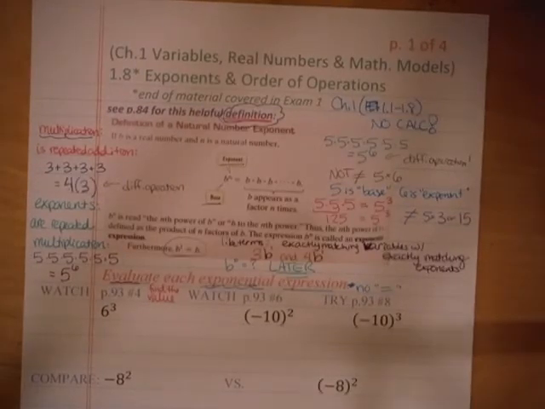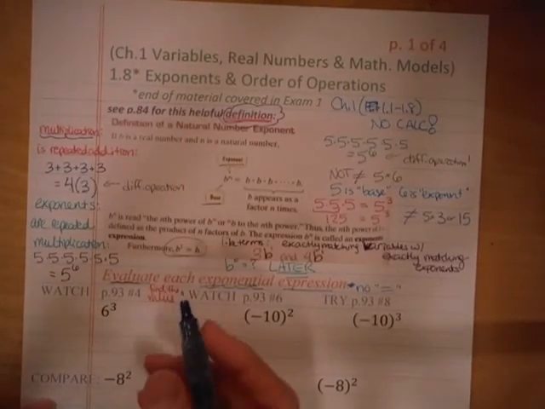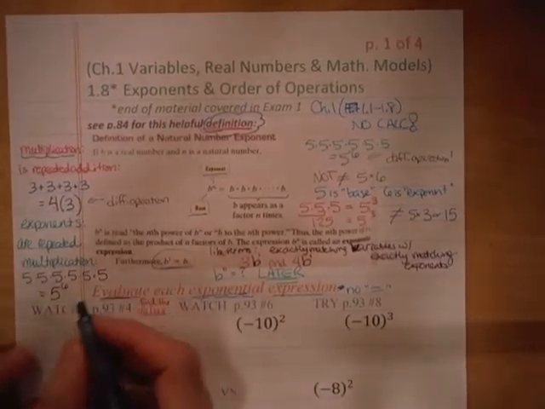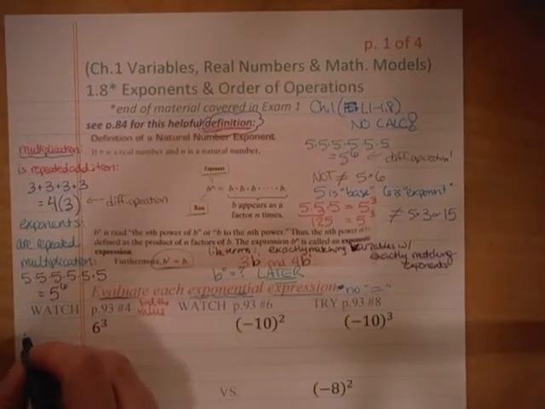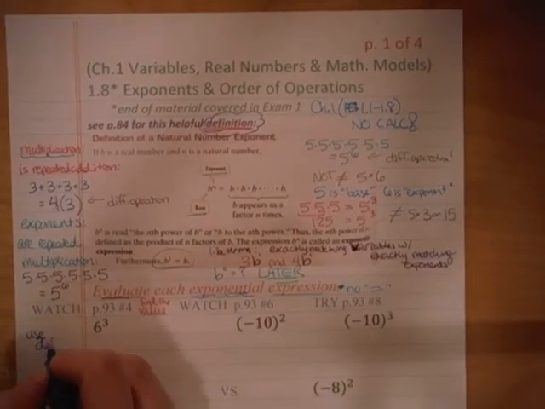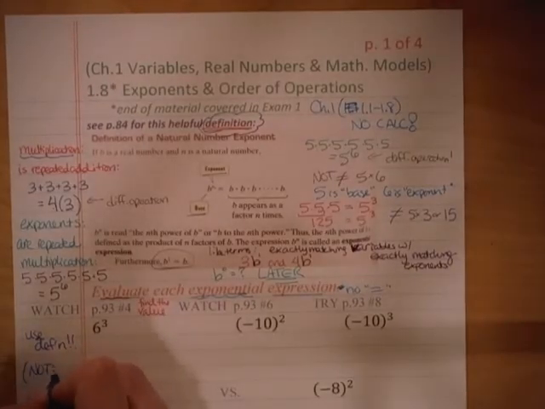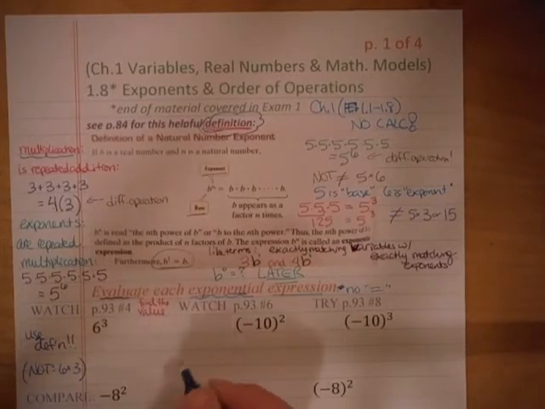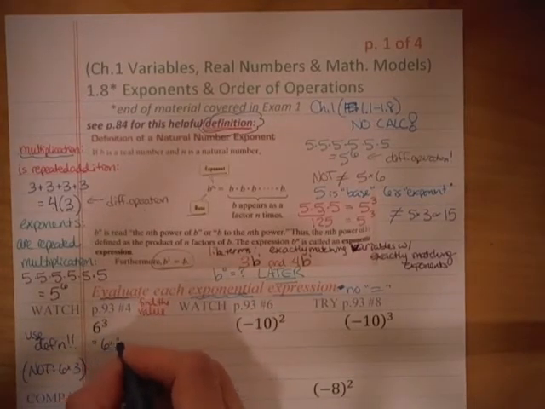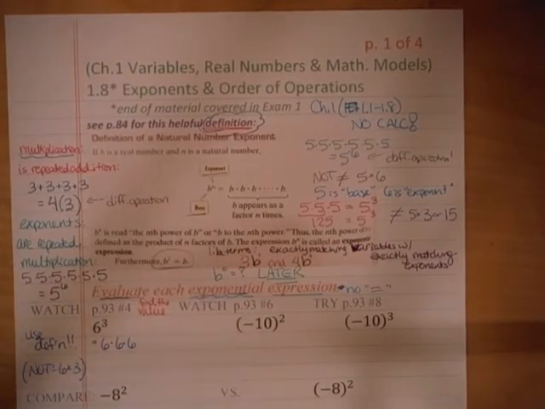So let's start with 6 to the 3rd power, or 6 cubed. By definition, okay, so always come back to the definition of what an exponent is, because this does not mean 6 times 3. This means 6 times itself 3 times.